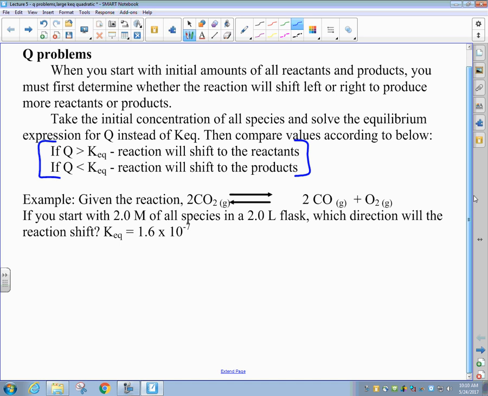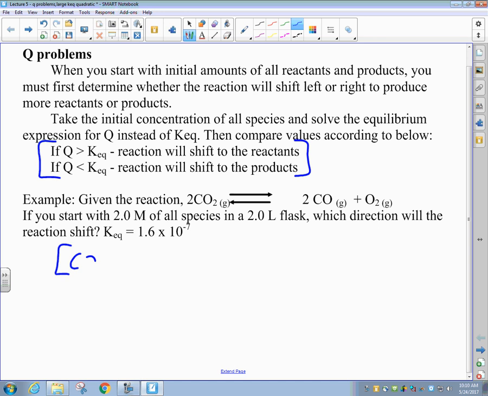Let's give you an example of how this works in your notes. We have a reaction there. Carbon dioxide is in equilibrium with carbon monoxide and oxygen gas. If we start with 2.0 molar of all species in a 2-liter flask, which direction will it shift? So we have our ICE chart.